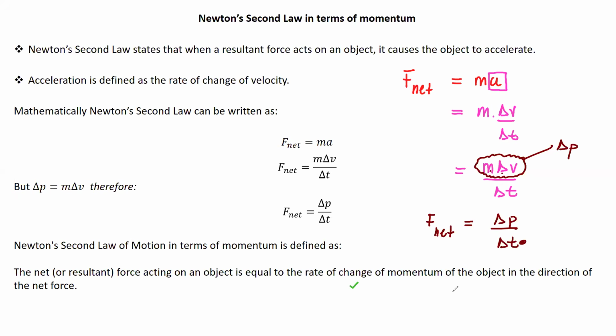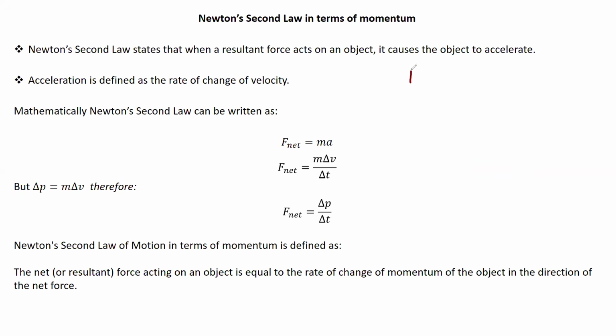So one more time. What is net force according to Newton's second law? It is the mass of an object and its acceleration. But acceleration is actually change in velocity over change in time. So mathematically, it's now m delta v over delta t. But hold on, I have seen this somewhere before: m change in velocity is change in momentum.